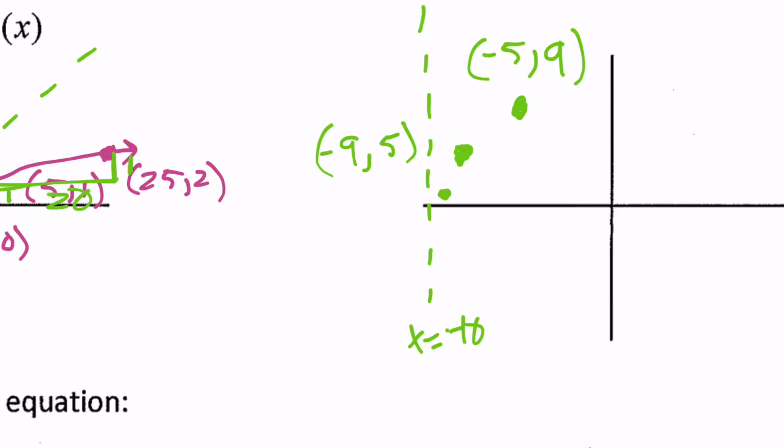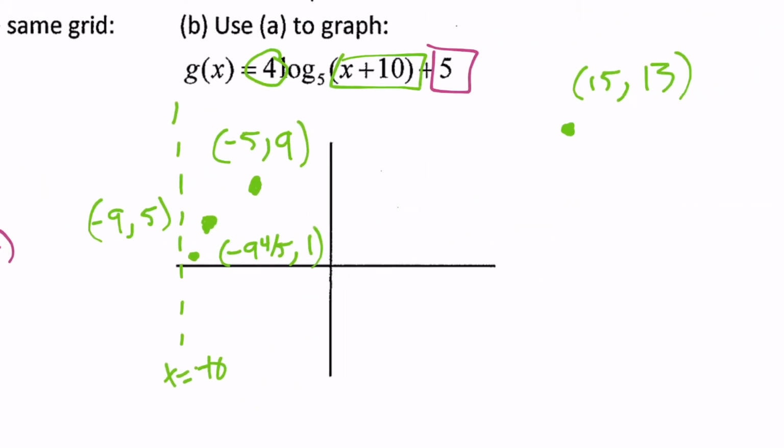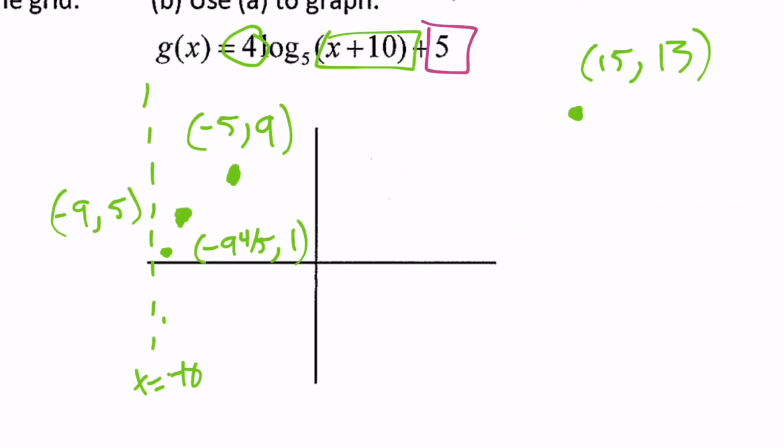The x value is going to be 1/5 more than -10. So that x value is going to be -9 4/5, gross mixed number, comma, what's the y value? Well, that's got to be 4 down from that last point, so it's got to be at 1 right there. And now we can draw in our curve, and it's going to look something like that.